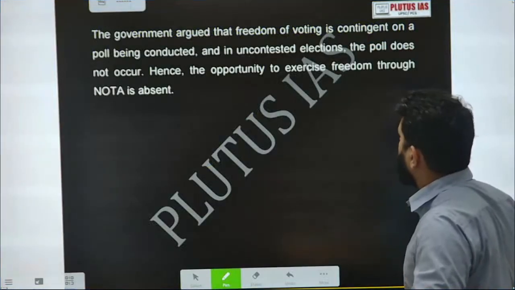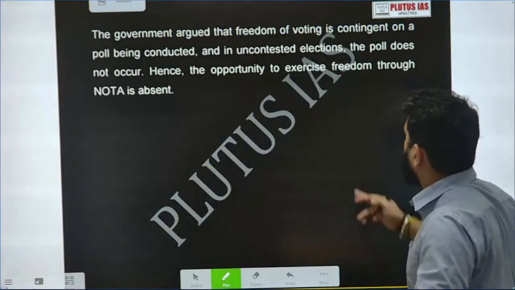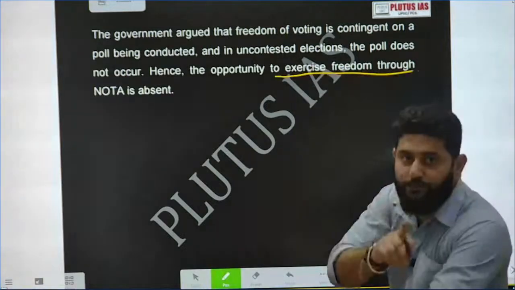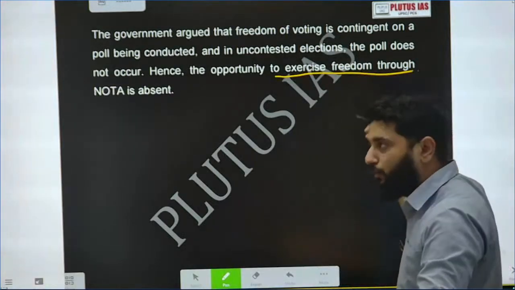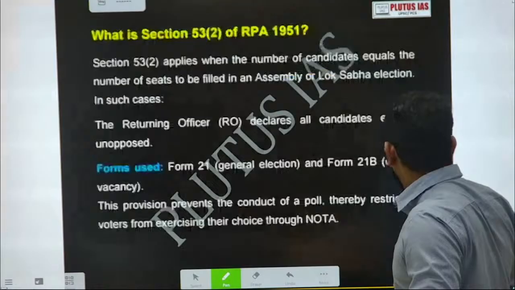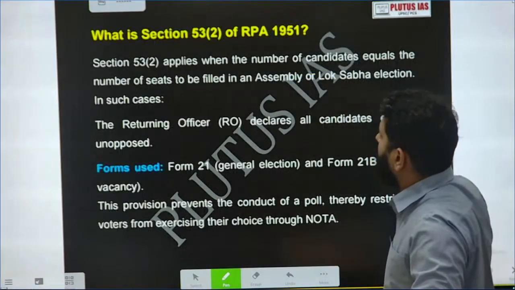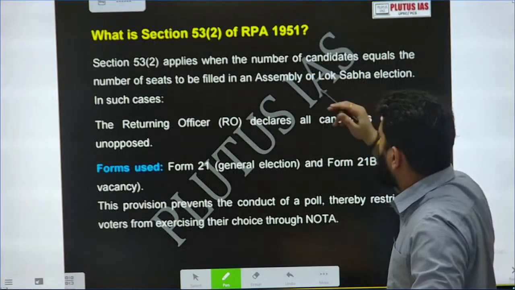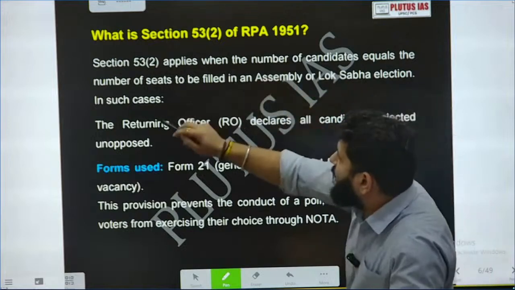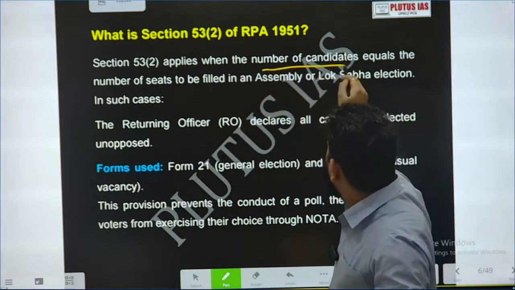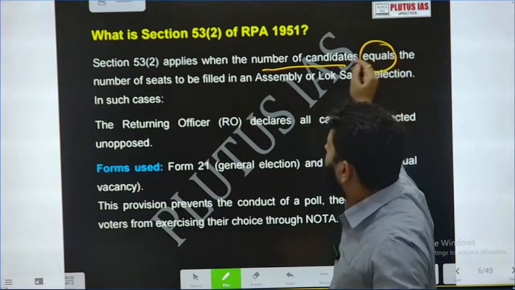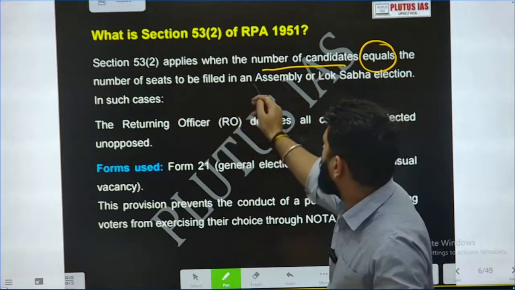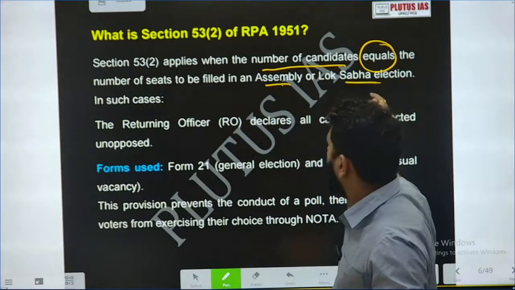Hence, the possibility to exercise freedom through NOTA is absent. Section 53(2) applies when the number of candidates equals the number of seats to be filled in an assembly or Lok Sabha election.